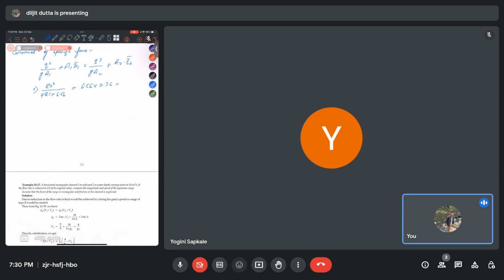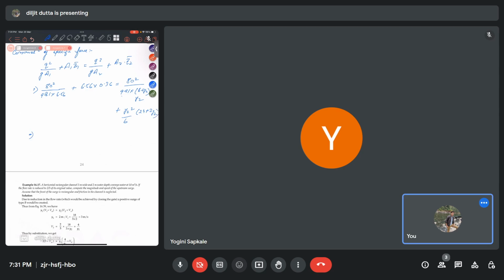Similarly now Q squared is 80 squared, and g is 9.81 into what is A2. A2 is 8 plus y2 into y2, and plus A2 into z2, we will get y2 squared by 6 into 24 plus 2 y2.